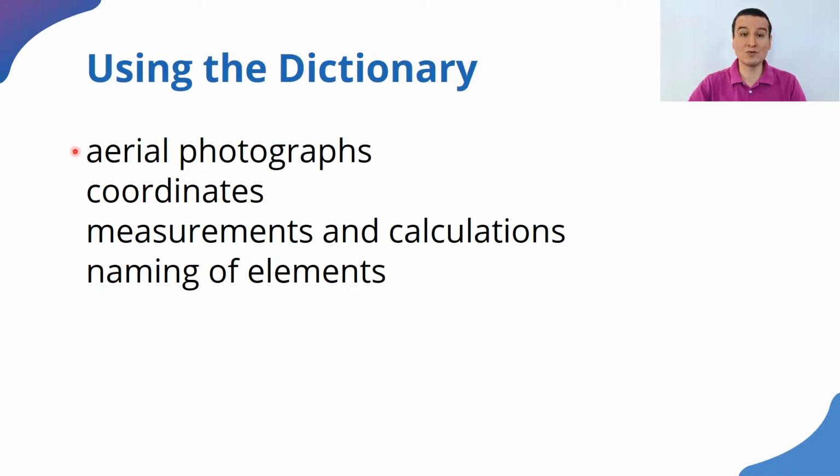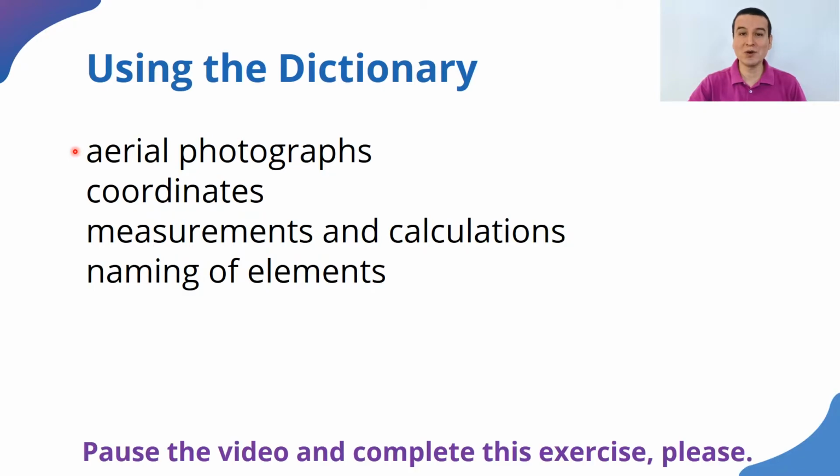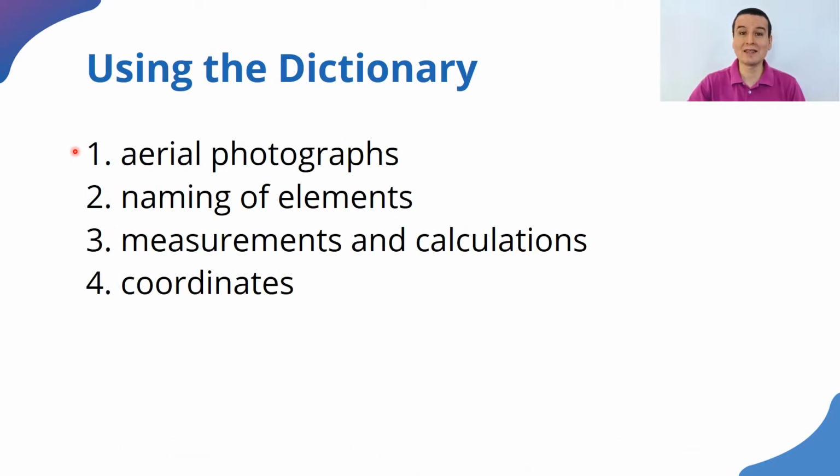What do we do first when we are creating a map? So pause the video, complete the activity, and I'll show you the answers in a moment. All right, I hope that you did pause the video, and this is the order. First, aerial photographs, then naming the elements, then measurements and calculations, and finally, coordinates.